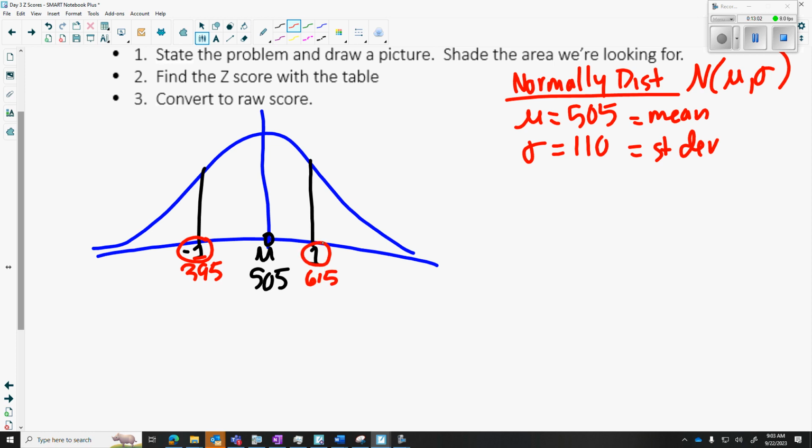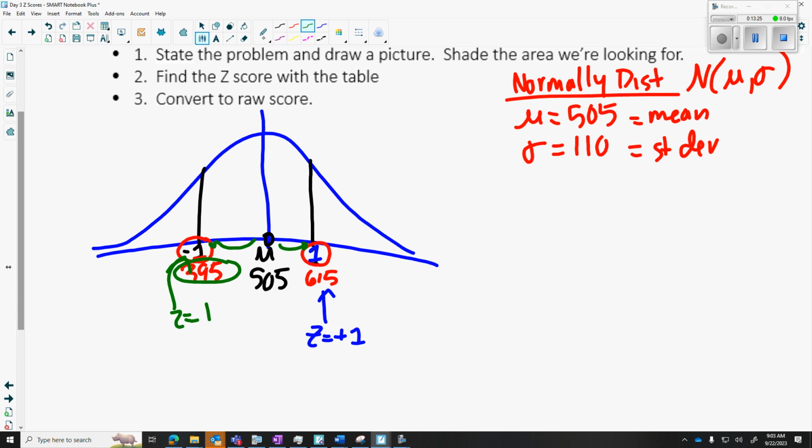395 is going to be 1 standard deviation below the mean, and 615 is going to be 1 standard deviation above the mean. This means if someone scored a 615 on the SAT verbal, their z-score would be positive 1 because they lie 1 standard deviation above the mean. And if they scored 395, they would have a z-score of negative 1, meaning they scored 1 standard deviation below the mean.